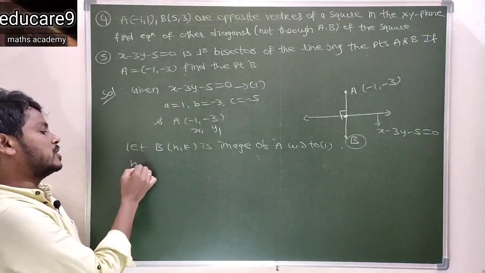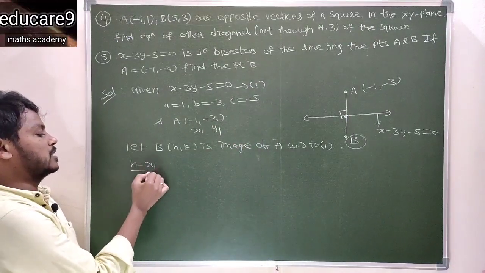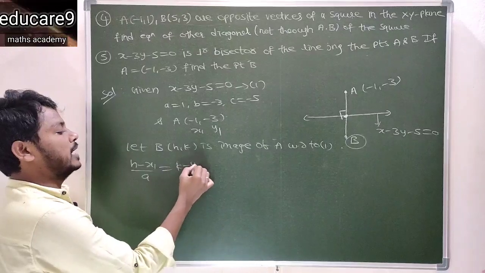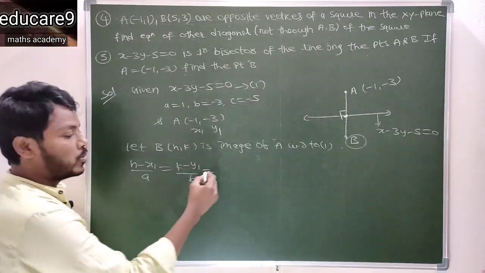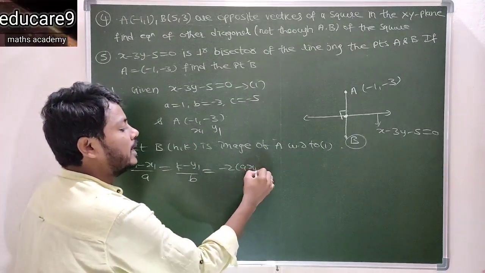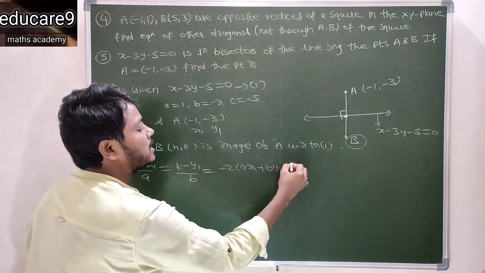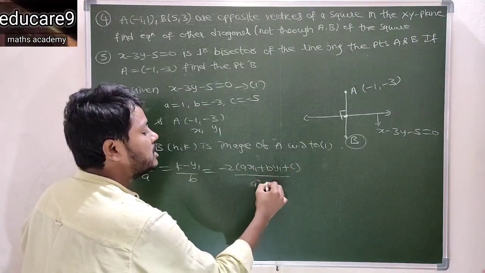Therefore we have to use the image formula, that is h minus x1 by a is equal to k minus y1 by b is equal to minus 2 times (a x1 plus b y1 plus c) by (a squared plus b squared).